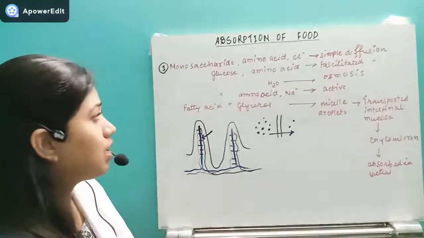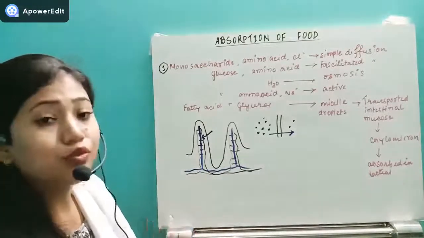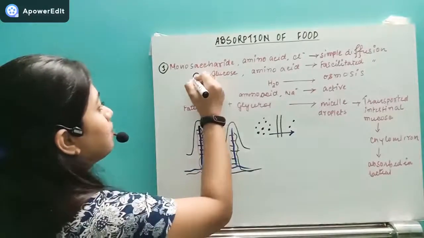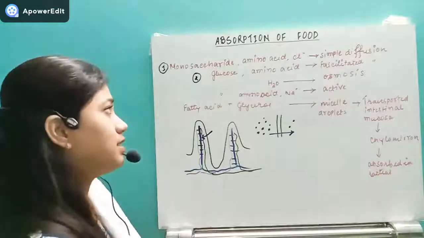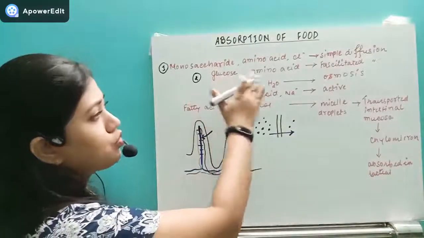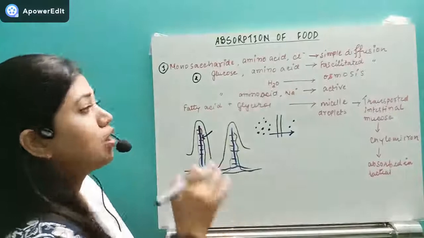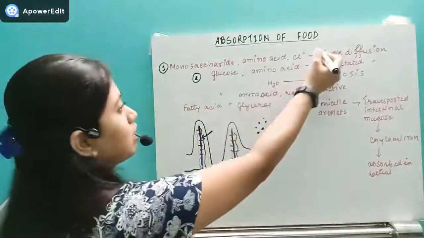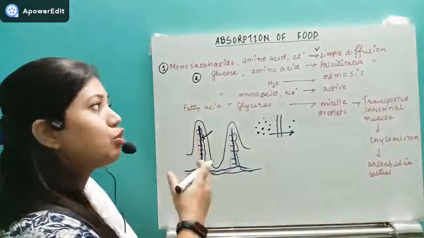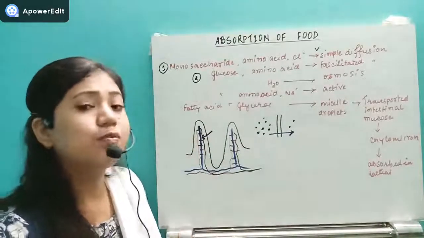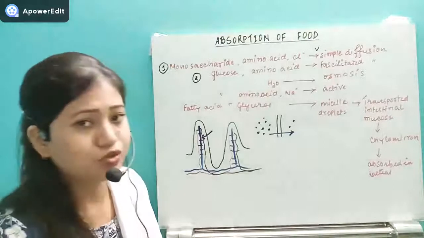Now the other type of movement is the facilitated diffusion, right? So what is facilitated diffusion? First of all, glucose and amino acids can also be absorbed by simple diffusion. Then the same glucose and amino acids can be absorbed by facilitated diffusion also.